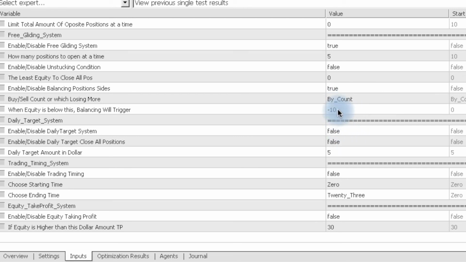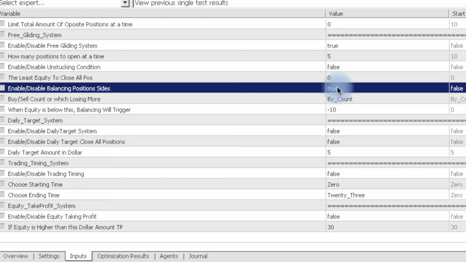Now the next one, which is when equity is below this. So this basically tells that this system, which is the balancing system, will only kick in if my total positions are losing 10 points, not $10, 10 points, and then based on the lot size and leverage.